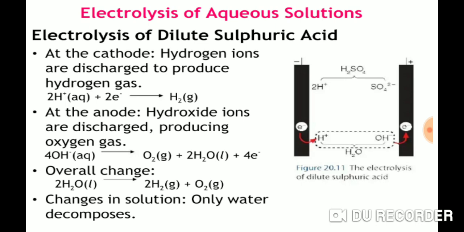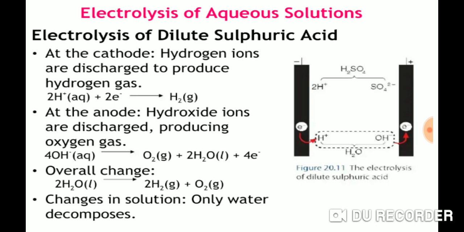Because sulfuric acid, H2SO4, dissociates to form 2H positive plus SO4 2 negative ions. Similarly, water present in the aqueous solution also dissociates to form H positive ions and OH negative ions. The positive ions move towards the negative electrode and the negative ions move towards the positive electrode.